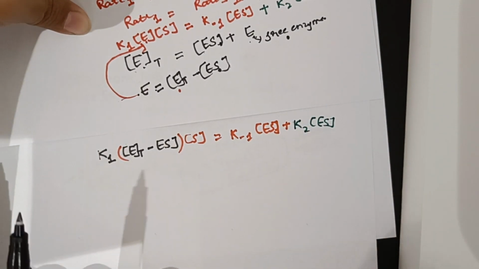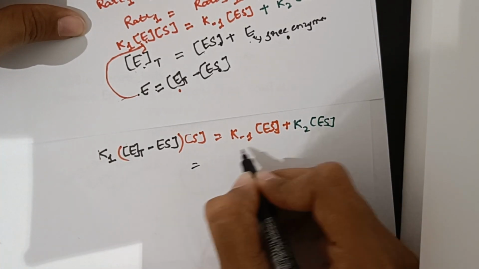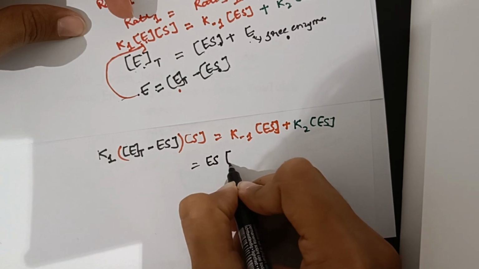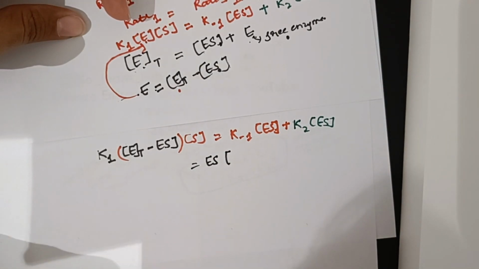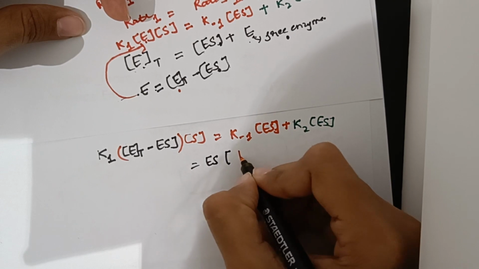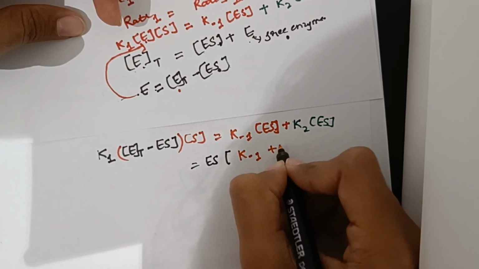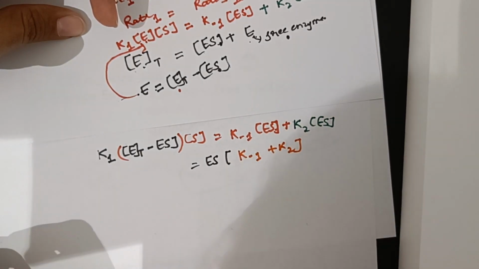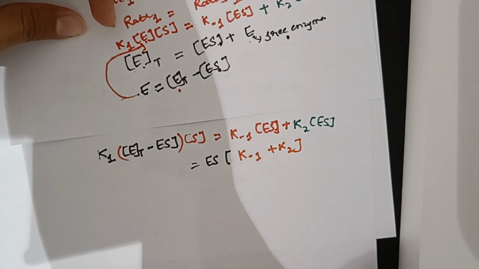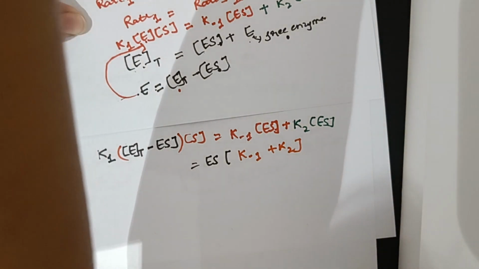Okay, and now what we can do from here is take the ES in common, and what we get is K-1 plus K2, right? And then here we can multiply this.